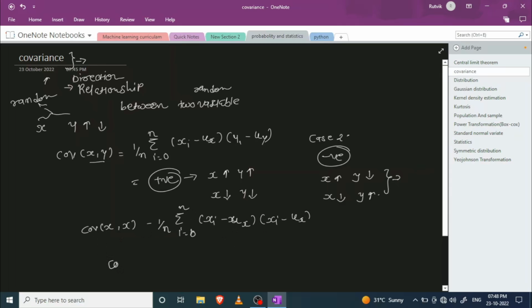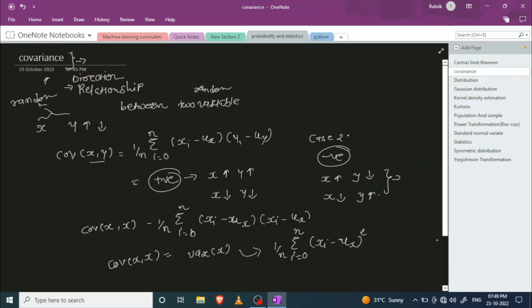So the covariance of x with respect to x is the same as the variance of x, because in the variance we have the same formula, which will be like this: 1 upon n summation of i equals 0 to n, xi minus mu x whole square. As you can see here, both formulas are the same.